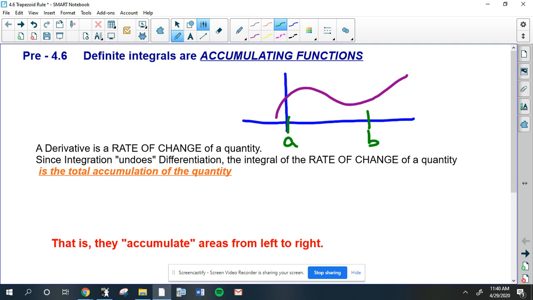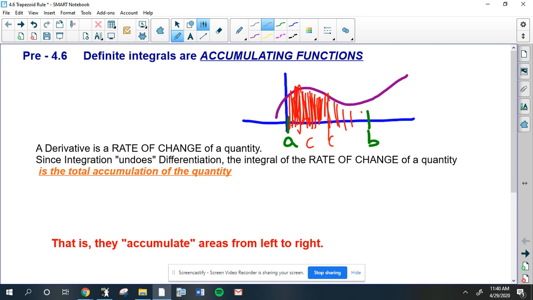But it accumulates it. So let's say we're just going from a to c. Then it would accumulate this much area. Let's say we wanted to move c further down the road, then it would keep accumulating. So it would add up all this area to the previous area, and so on and so on. So it does accumulate area from left to right, if that's which way your intervals are going.